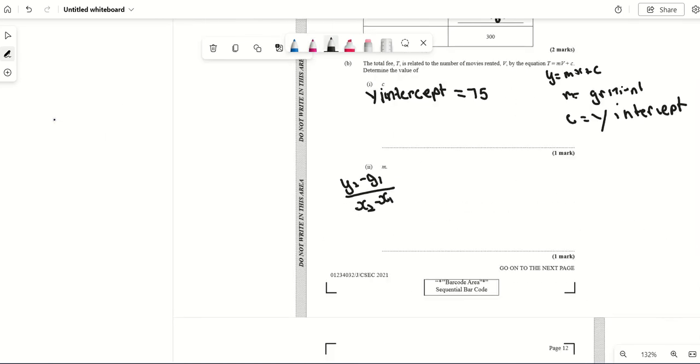Let us use those two coordinates. So we're going to use 0, 75, and then 180, 400. I'll call this x2, y2, and I'll call this x1, y1. So now we have 400 minus 75, all divided by 180 minus 0.